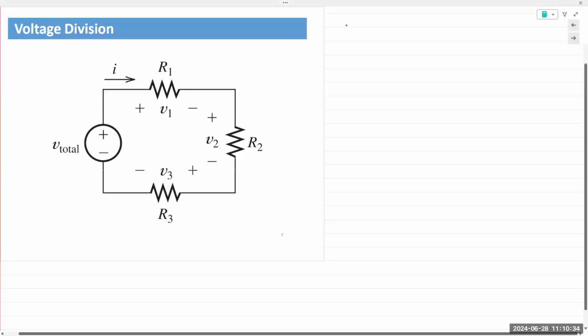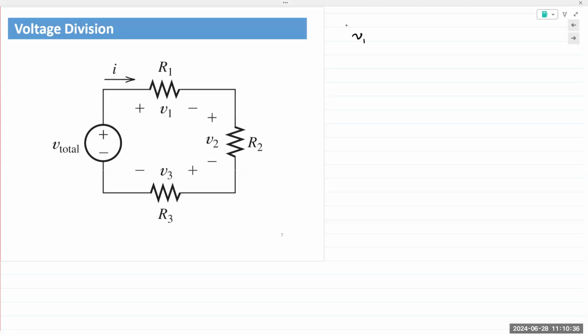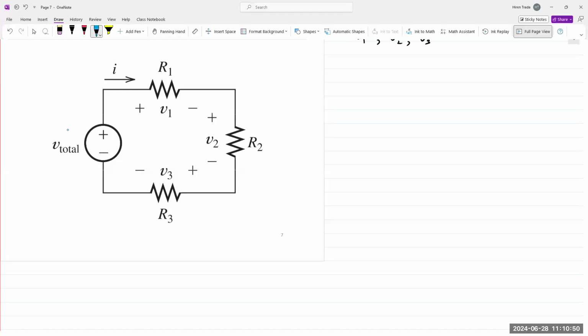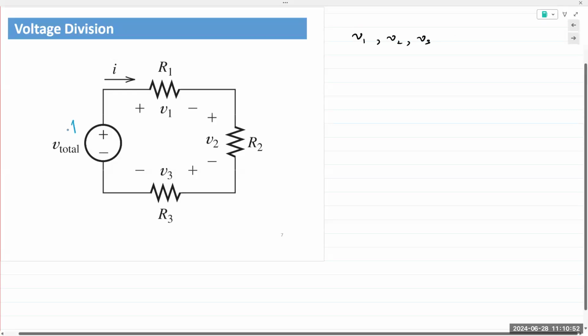Analytically speaking, if I look at this circuit, I have V1, V2, and V3, right? Current I is flowing through the circuit, being supplied by the voltage source.